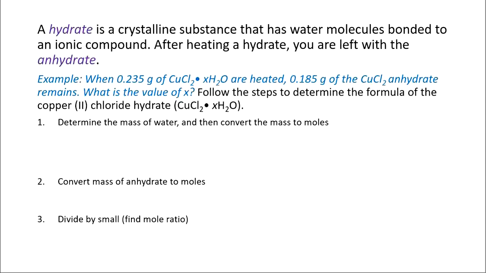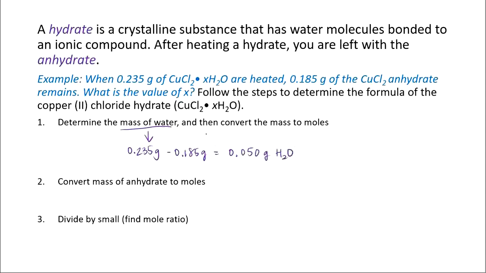So think about it. You have a substance, a hydrate that's with water. After you heat it, now you have an anhydrate that's without water. So the water evaporated. How do you determine the mass of the water? Well, you're going to subtract the mass of the anhydrate from the mass of the hydrate, right? So the mass of the water is going to be 0.235 grams minus 0.185 grams, and we get 0.05 grams of water.